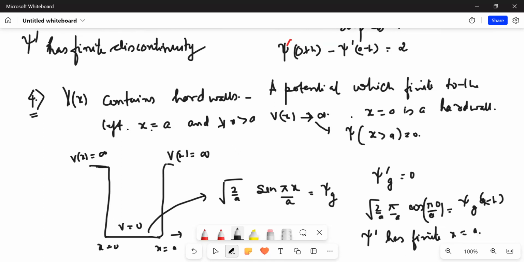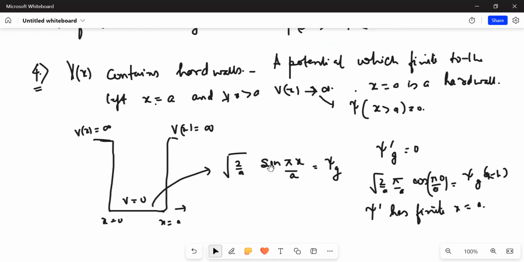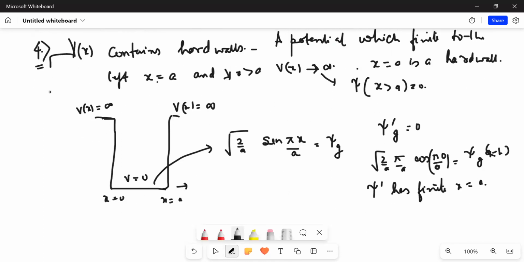So what will happen? If Vx contains a hard wall, then at the hard walls themselves, that is at x equal to 0 and at x equal to a, there will be discontinuity in psi dash.